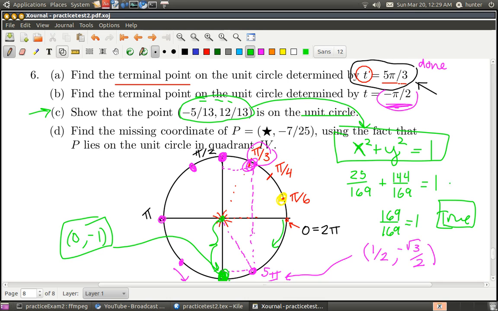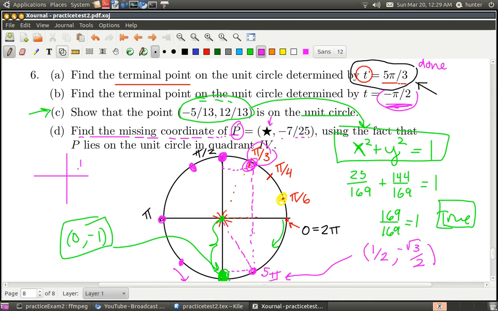Okay, so we're going to do something similar here for part D. Part D says, find the missing coordinate of this point. The star I wrote is supposed to be the unknown, but we know that the y-coordinate is -7 over 25. And we're going to use the fact that P lies in quadrant 4.